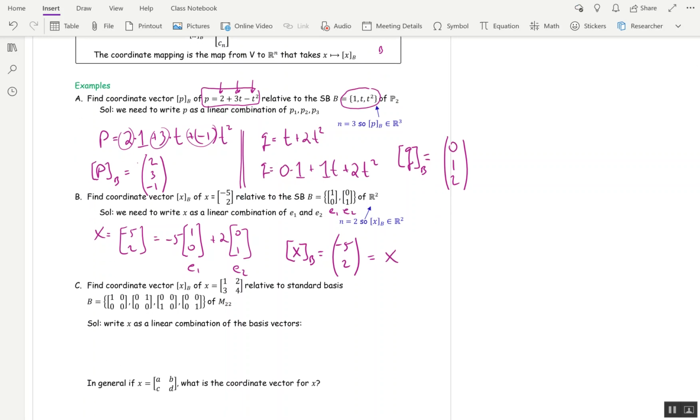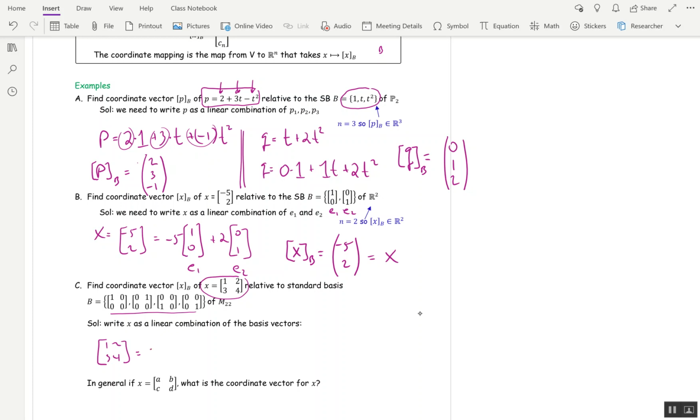The standard basis of M22, that's the set of 2 by 2 matrices, is given here. We want to find the coordinate vector of this vector x, which is a matrix, relative to the standard basis. So we have to write x, which is [1, 2; 3, 4], as a linear combination of the 4 vectors in that vector space.